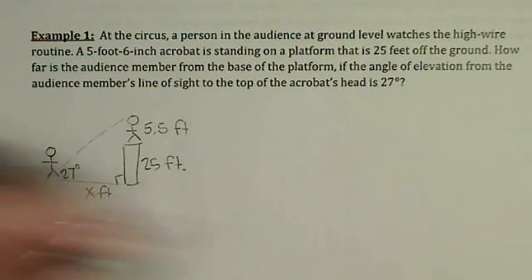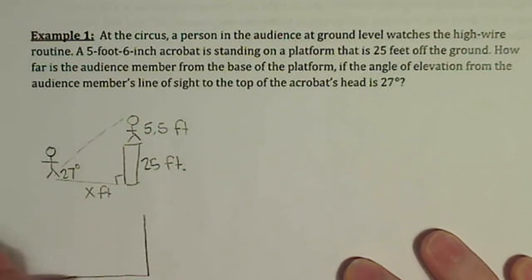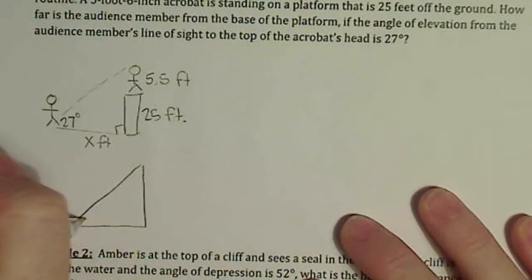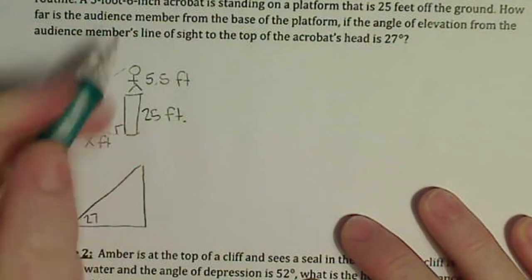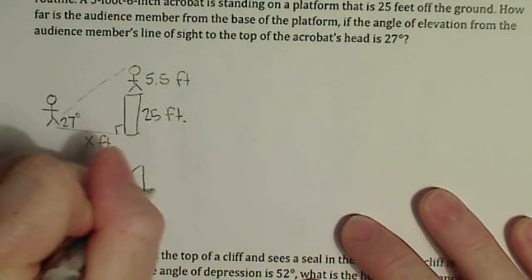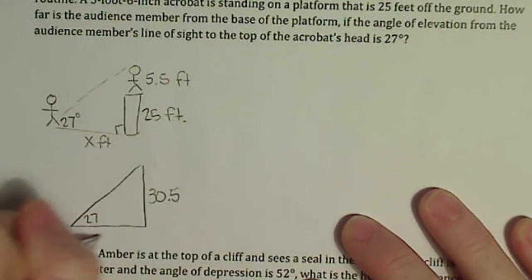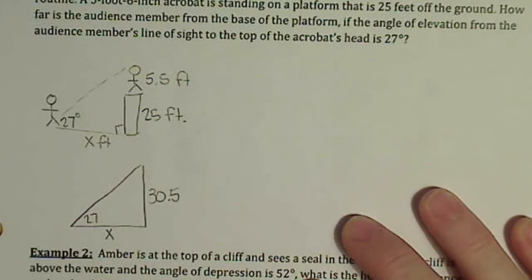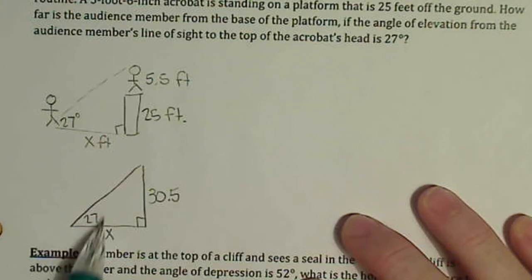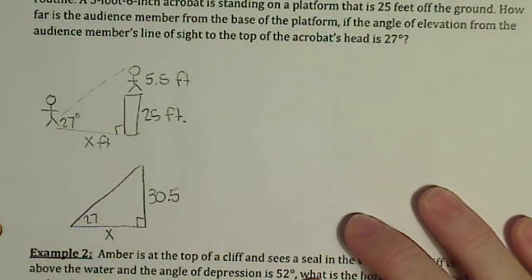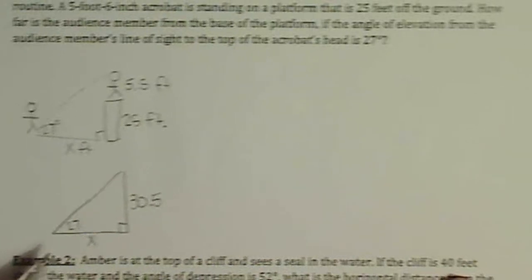So if you think about this, if you pull this triangle out, here's my triangle. If I add these two up, that's what I want to find. So what trigonometric function, if I'm using this 27, uses the opposite and the adjacent? Yeah, tangent. The tangent of 27. So let's write this out.